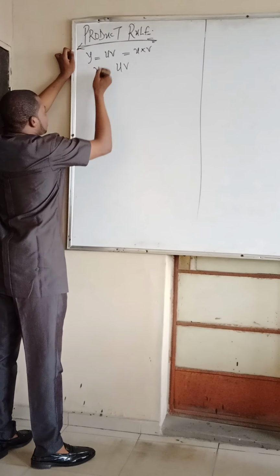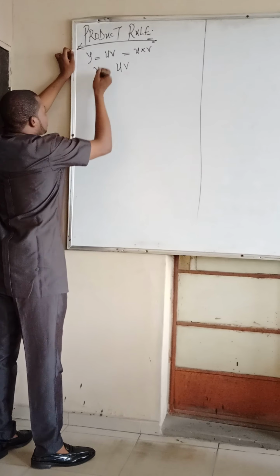So we have y plus change in y is equal to UV. For every u, there's a change in u, so I have u plus change in u. Then for every v, there's a change in v.